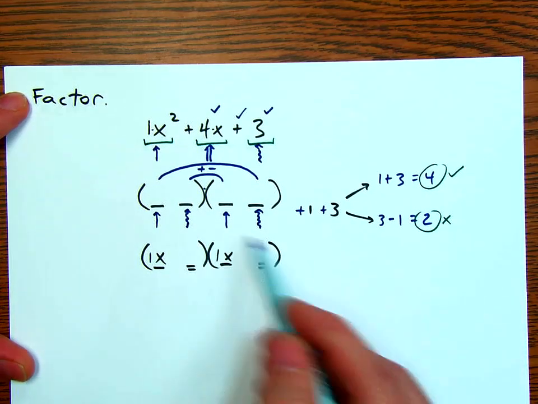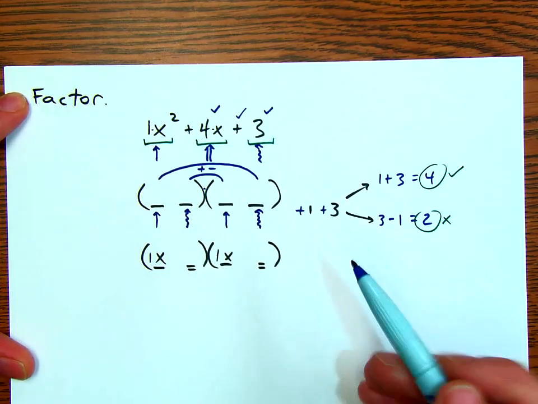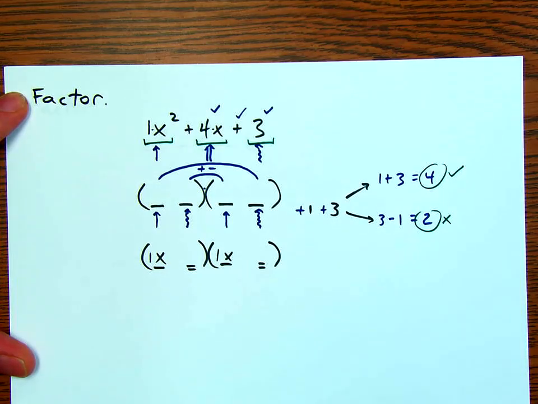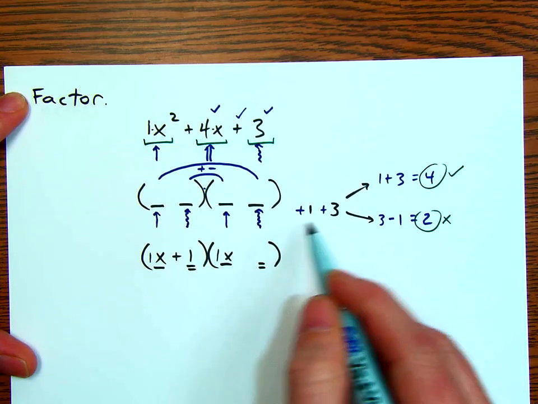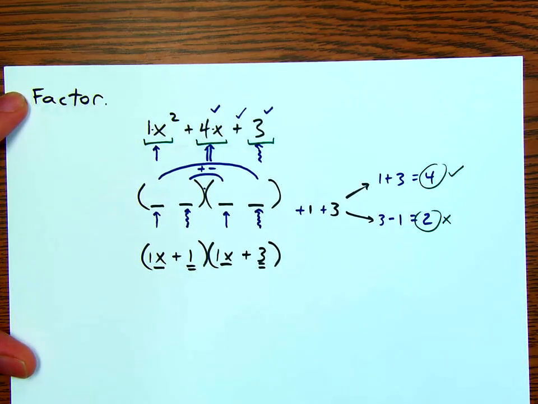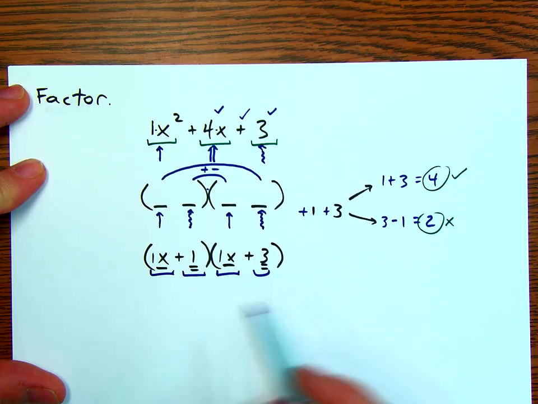So before we plug them all in, we're checking to make sure that this distribution works itself out. Now, since these are both 1s, it doesn't matter where we put these two. So for now, the process is pretty simple. Whichever order you put them in, we're just going to put these in here. But again, if we're not sure that we factored it correctly, we redistribute to make sure.